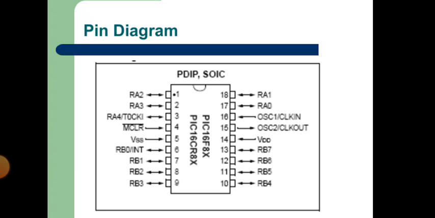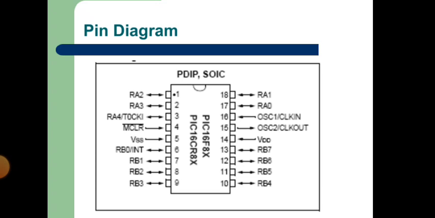It has 16 input or output pins, and it has 1024 words of memory. That's the PIC16CR8X, which is not so far different from the PIC16F8X. And in my own view, I would think it's a sequel or something.